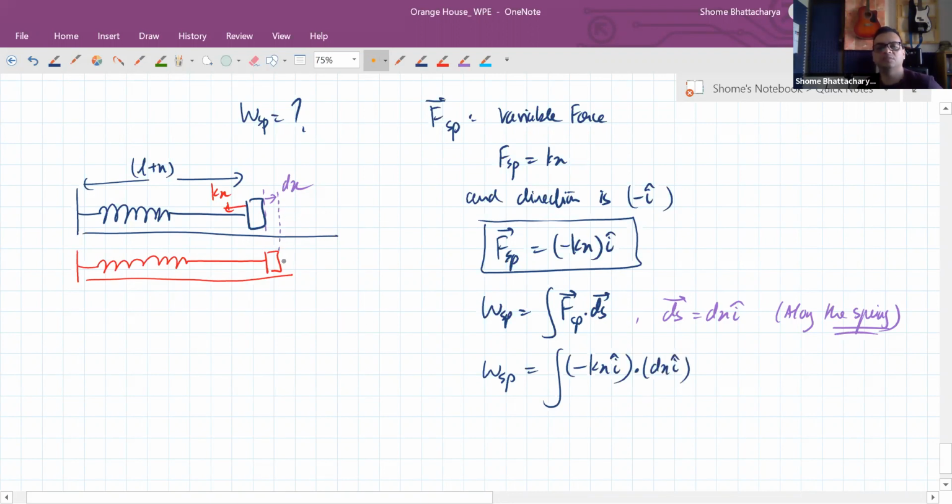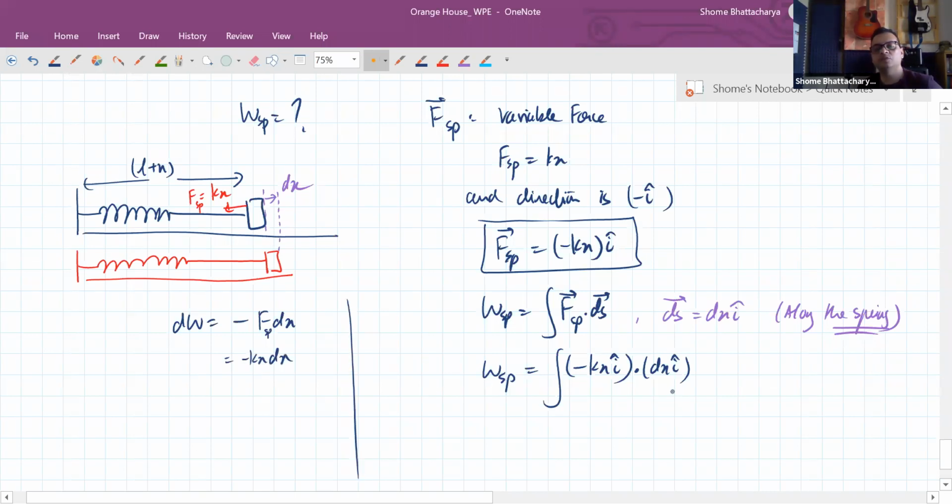i cap. Or very simply in the diagram, you can see that the work done by the spring will become minus of f dx because f is acting in this direction. See, f is acting in the direction opposite to the displacement dx. This angle is 180, so it is minus kx dx.